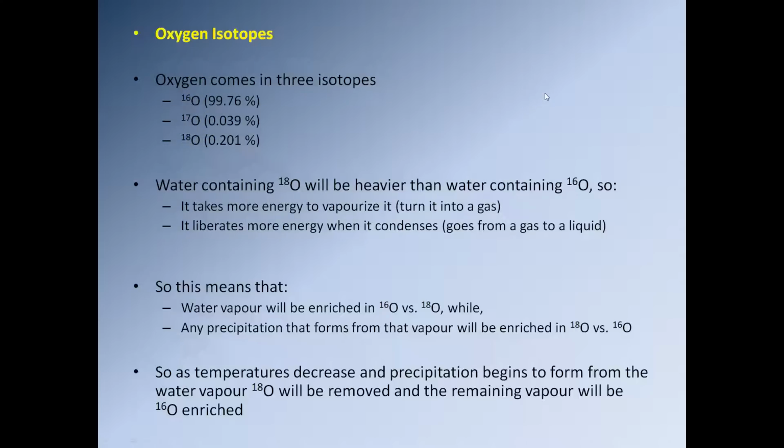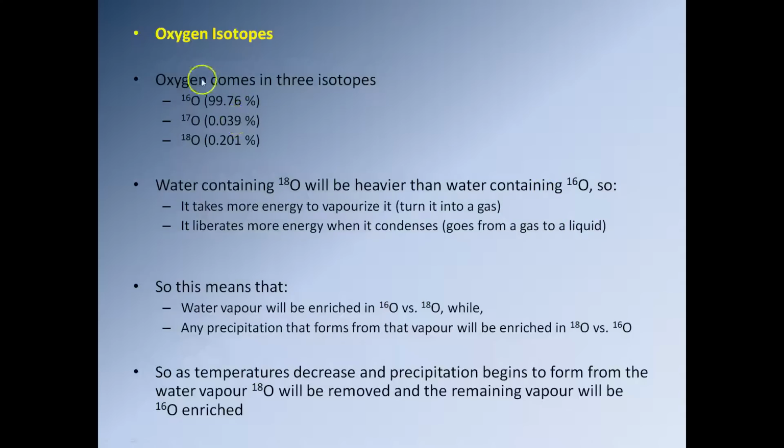Obviously water will contain both oxygen 16 and oxygen 18. Remember, water is H2O, 2 hydrogens, 1 oxygen. Some of those water molecules will have an oxygen 18 isotope, and some of those water molecules will have an oxygen 16 isotope.